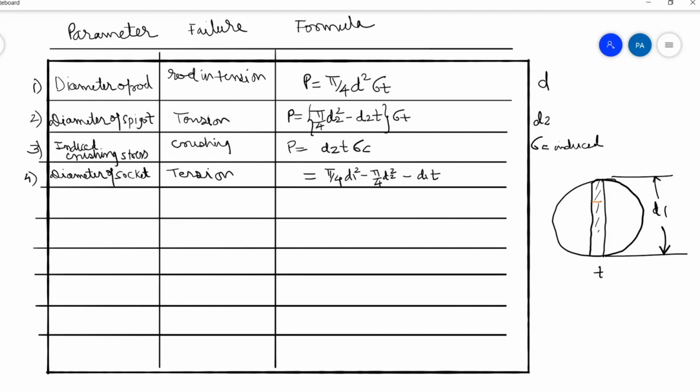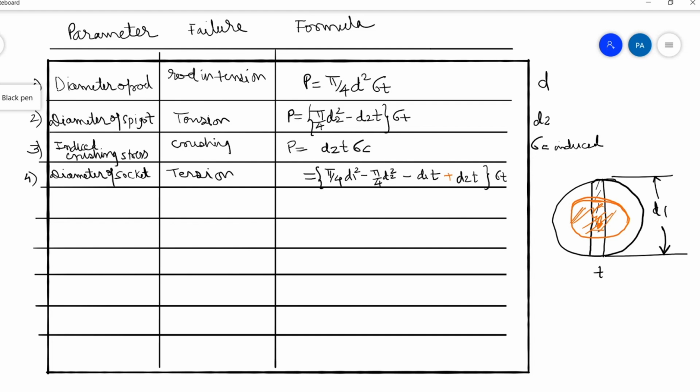From here to here is already subtracted. Why? Because when we did d1 square minus d2 square, this entire thing is subtracted, and it means this is also subtracted. So what we have to do? We have to then add d2 into t, and this everything into sigma t.